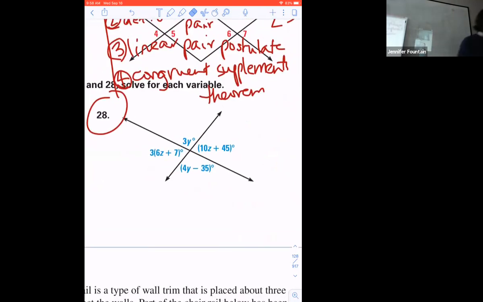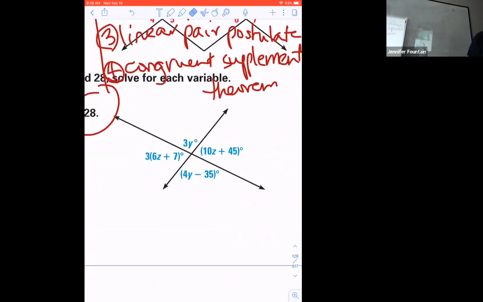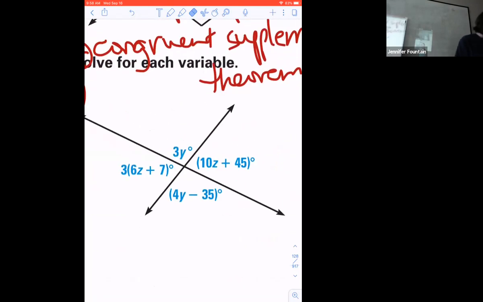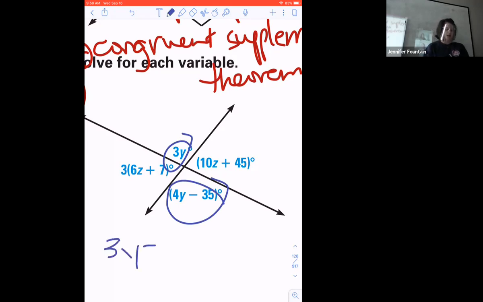All right, 28. So you can see that we have 3y is one angle, 10z plus 45, 4y minus 35, 3 times 6z plus 7. Okay. So what do we have to look at here to know how to solve? I can see that these two are vertical angles, right? So what can I do to solve for y? 3y equals 4y minus 35.